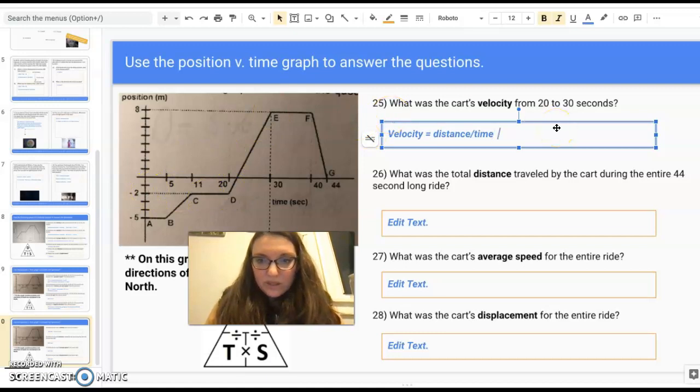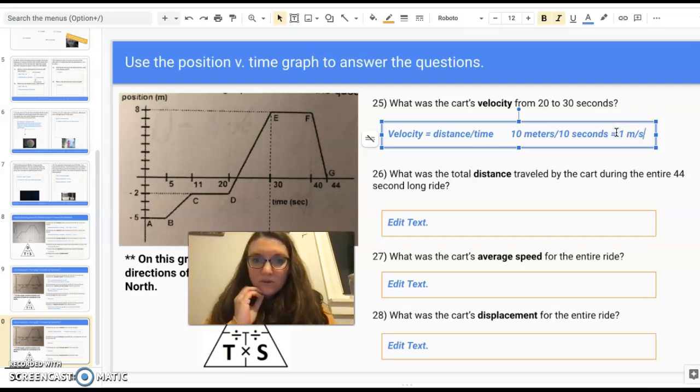So the distance is going to be from -2 to 8. So essentially that is 10, right? 10 meters in 10 seconds. So that is 1 meter per second.